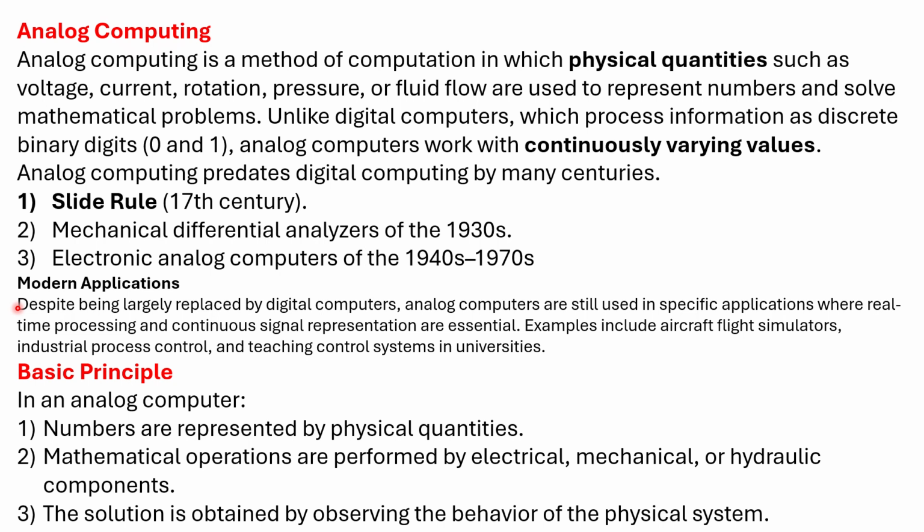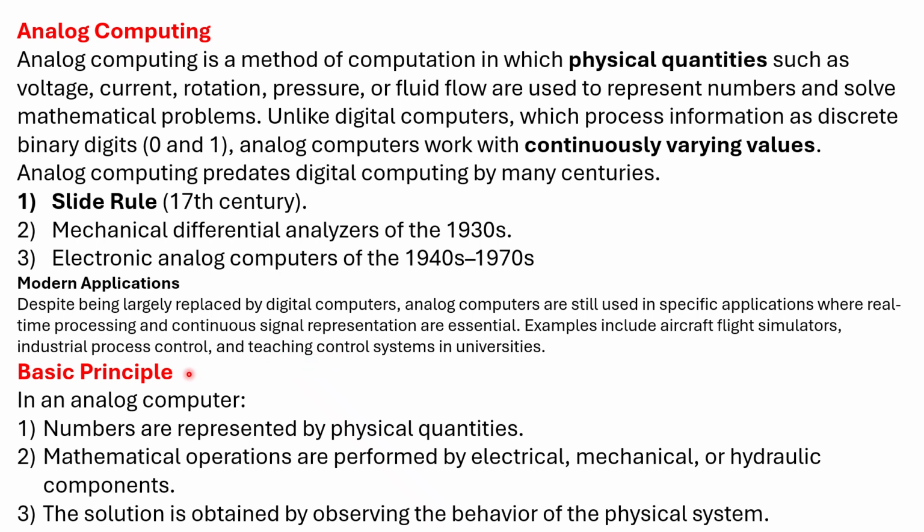Modern application. Despite being largely replaced by digital computer, analog computers are still used in specific applications where real-time processing and continuous signal representation are essential. Examples include aircraft flight simulators, industrial process control, and teaching control systems in university.